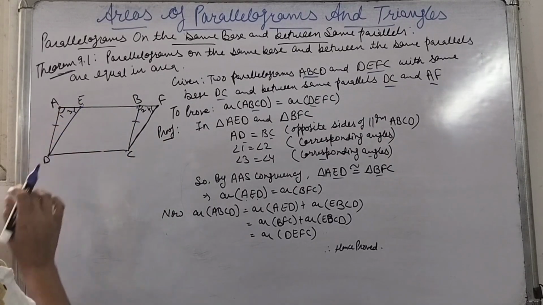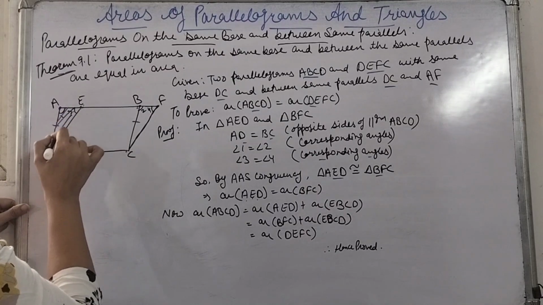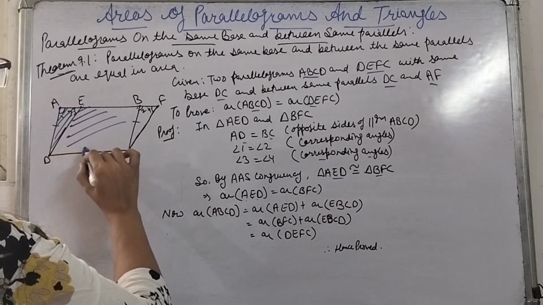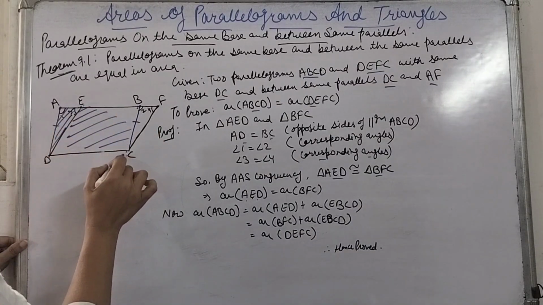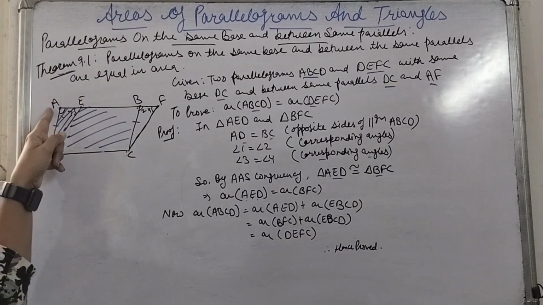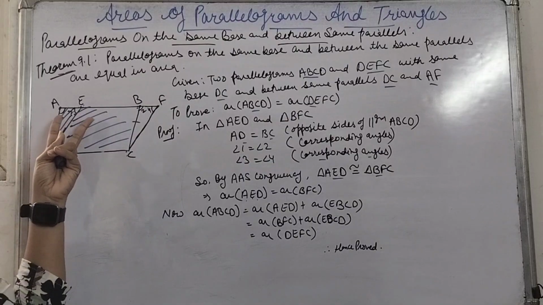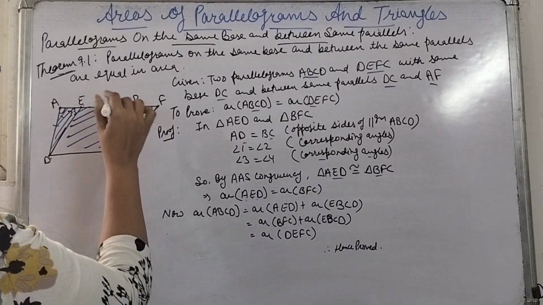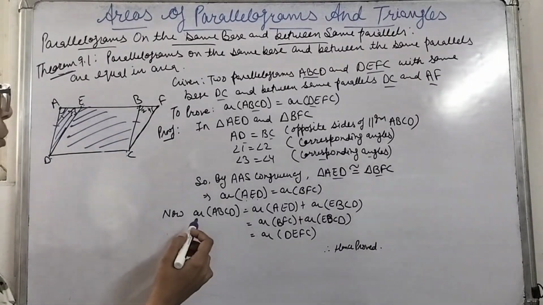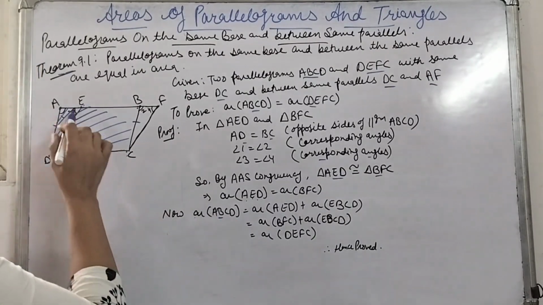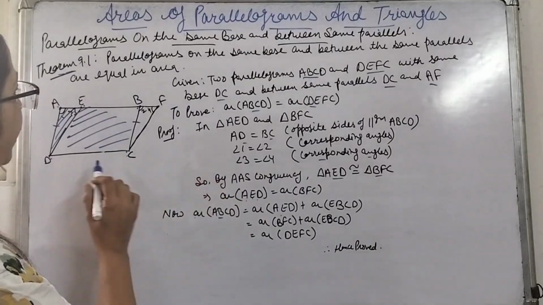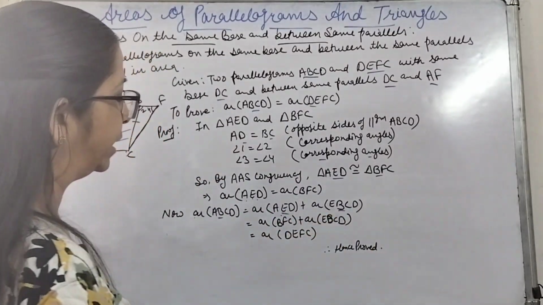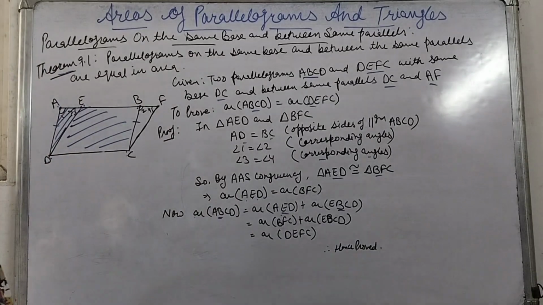If we add the area of this part, triangle AED, and this part, EBCD, we will be getting the area of parallelogram ABCD because they are non-overlapping figures, and if we combine these two, we will be getting the area of this parallelogram.